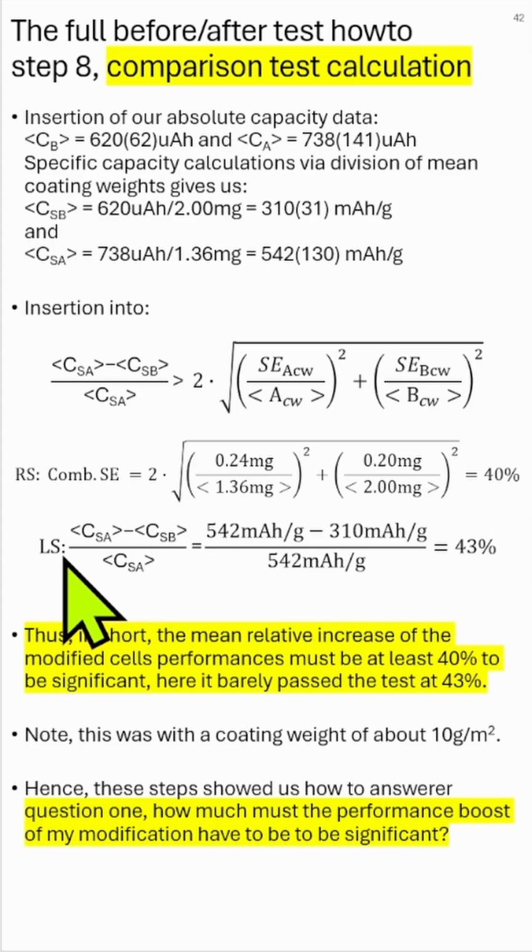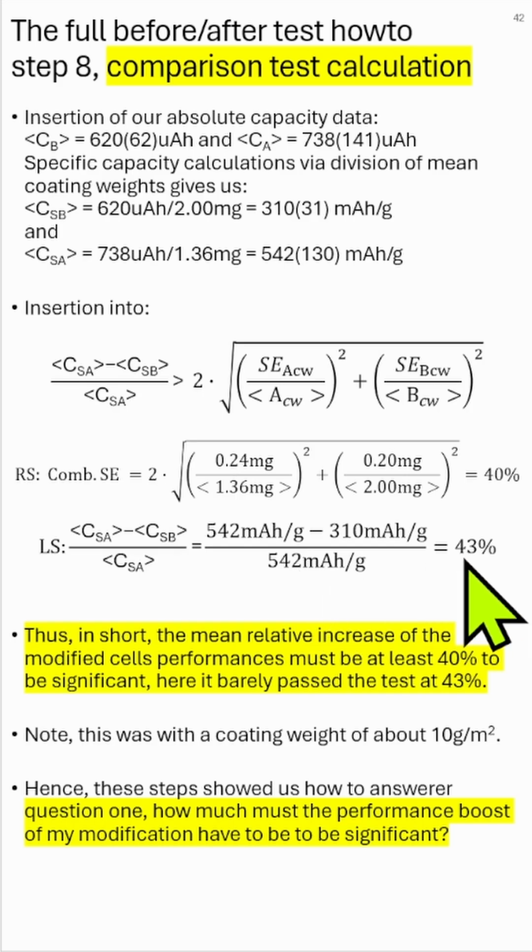So the left side of the equation, we do that ratio of improvement of capacity, that relative improvement, the boost as we tend to call it. 542 milliampere hours per gram minus 310 milliampere hours per gram divided by that performance we have in the modified set, 542 milliampere hours per gram.